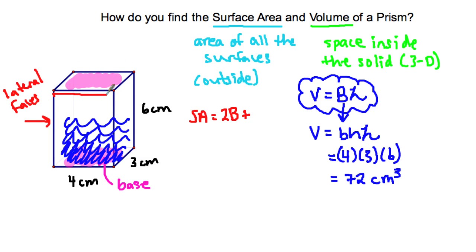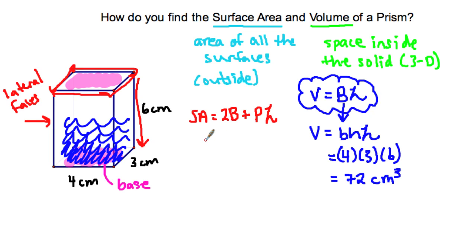So that's the perimeter of the base, multiplied by the height of each of those faces. So the surface area of every prism can be found by finding the area of the base, multiplying that by 2, and then adding to that the lateral faces, which is the perimeter times the height.